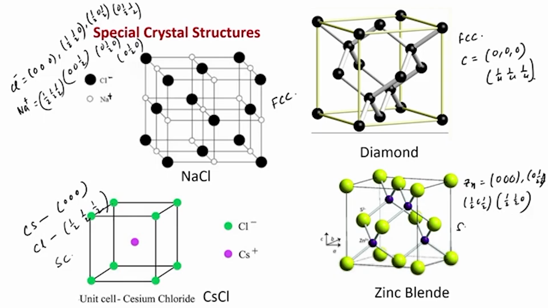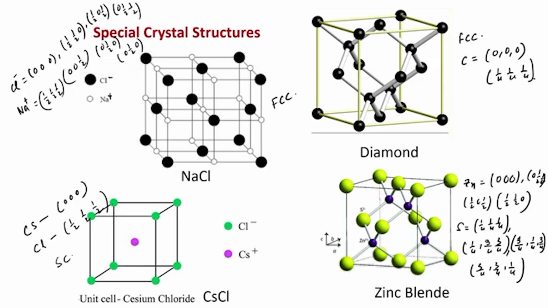And for the sulfur, we have 1/4, 1/4, 1/4, and we have 1/4, 3/4, 3/4, and then 3/4, 1/4, 3/4, and then we have 3/4, 3/4, 1/4. Okay. So, that is how the zinc and sulfur atoms are situated.